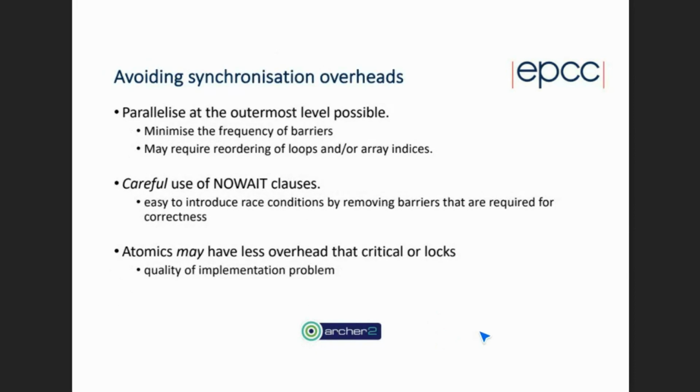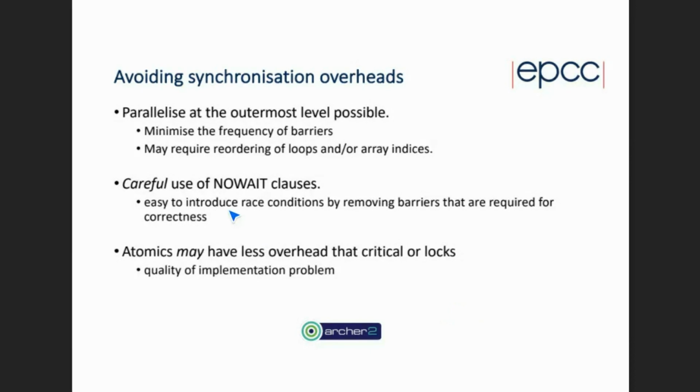So what can we do? Well, we can think about parallelizing at the outermost possible level to try and minimize the frequency of barriers. Most of the problems you see with excessive synchronization in OpenMP code are probably down to too many barriers. It may not be trivial, and might require you to do some reordering of loops, and that in turn might force you to reorder your array indices as well if you're unlucky.